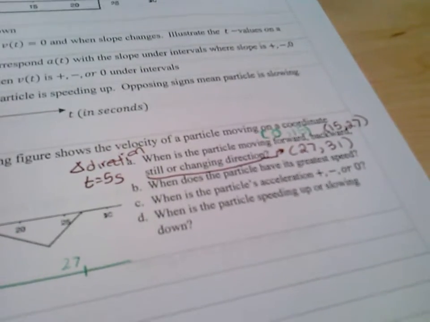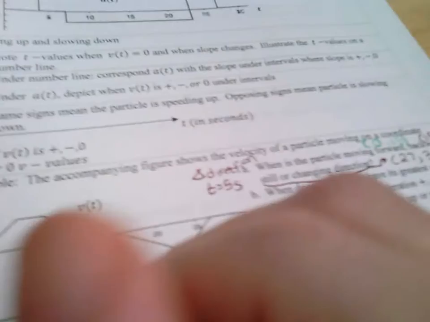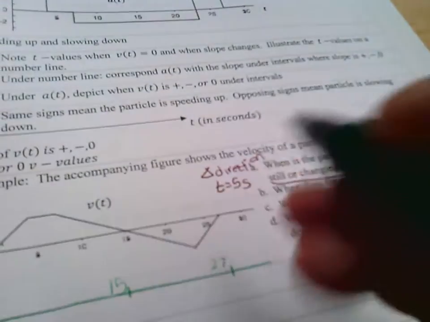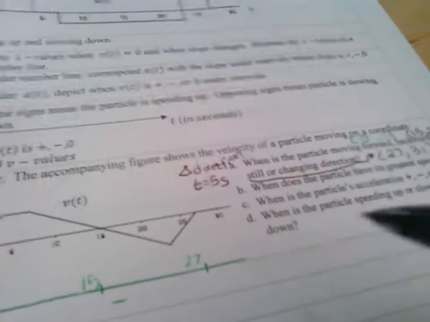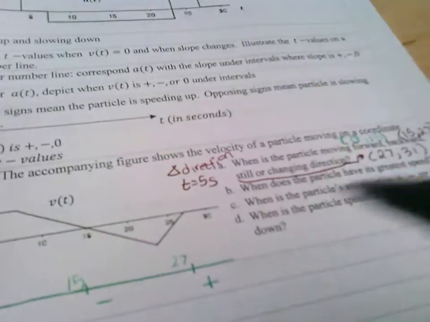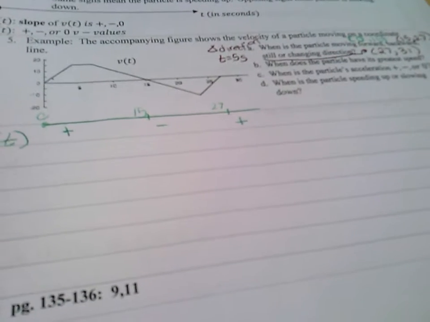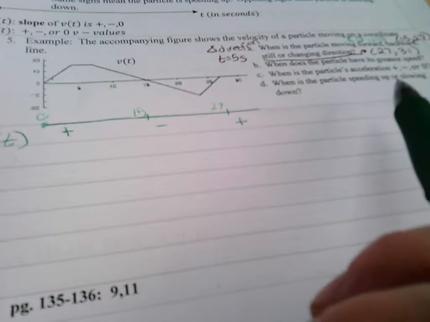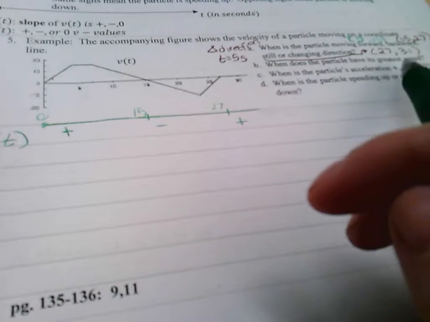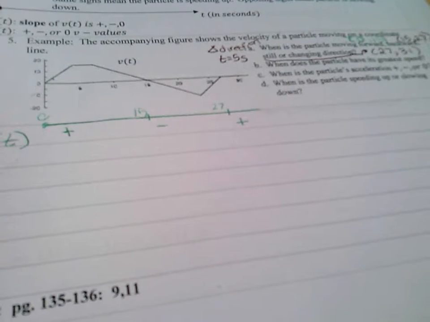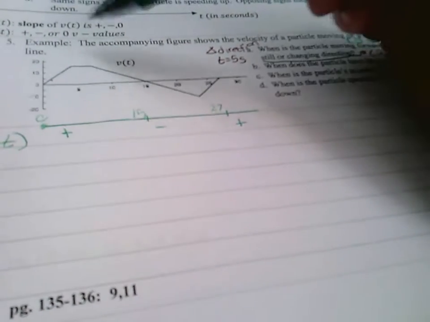So we'll have velocity is positive here, negative, and positive. Okay, next line, when does the particle have its greatest speed? Well, speed is just the absolute value of velocity. So let's look at our highest value.